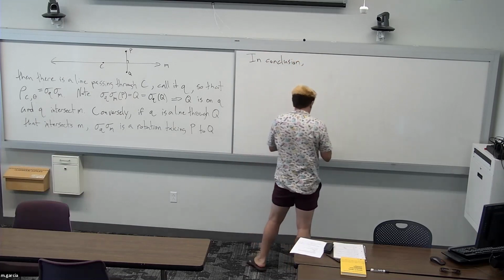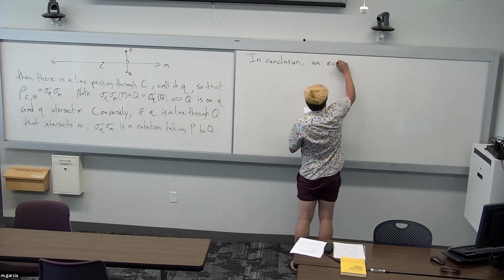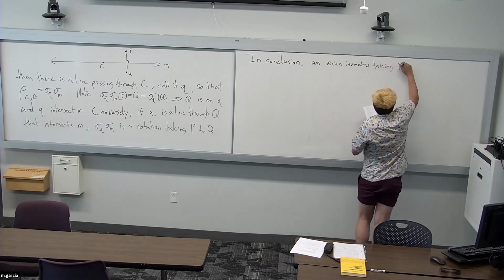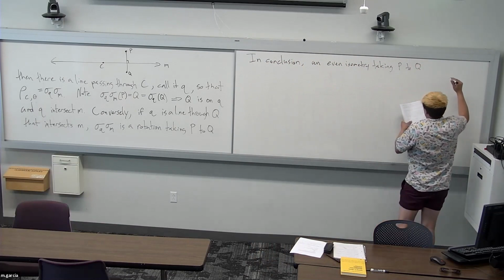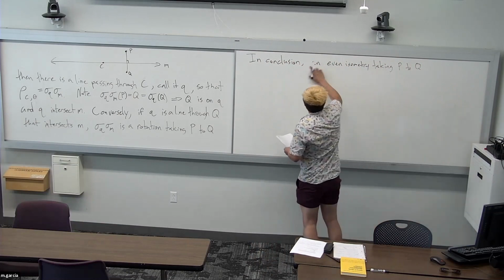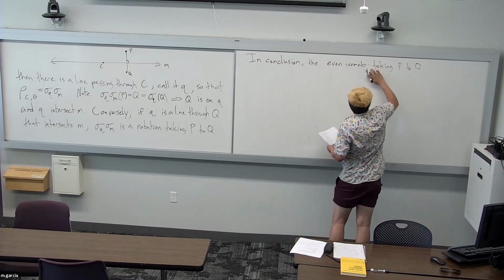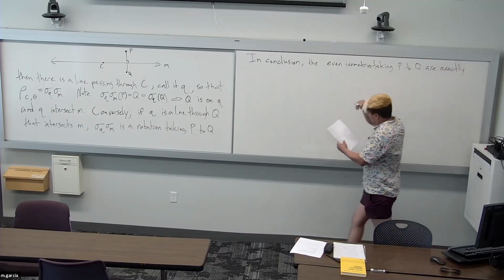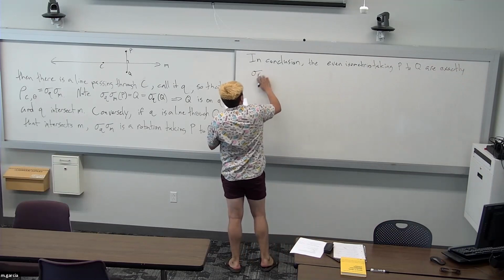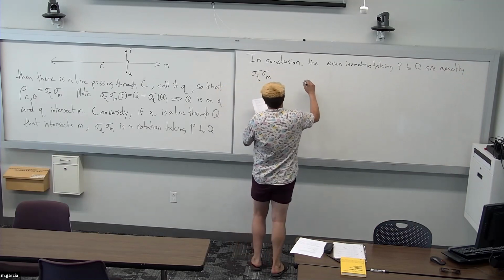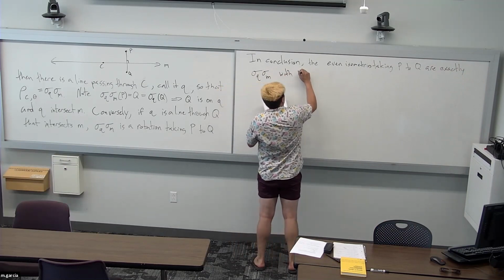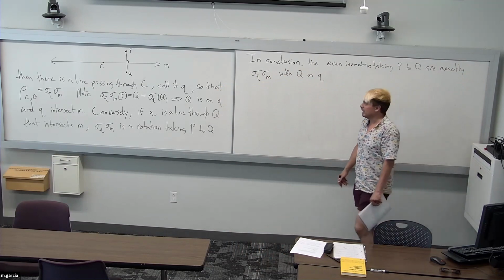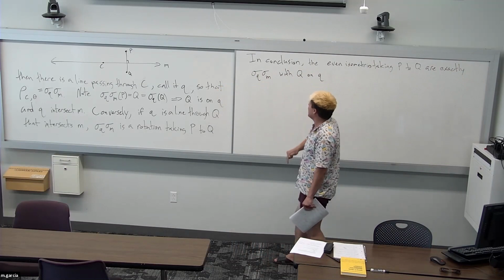In conclusion, the even isometries taking P to Q are exactly sigma sub Q times sigma sub M with Q on Q. So if Q and M intersect, this is a rotation.